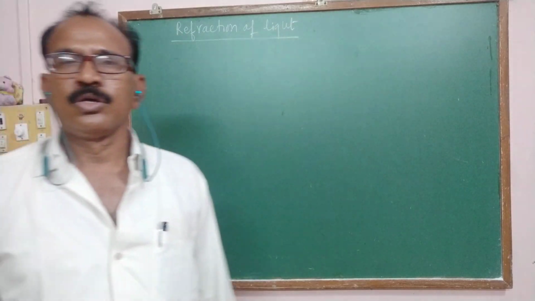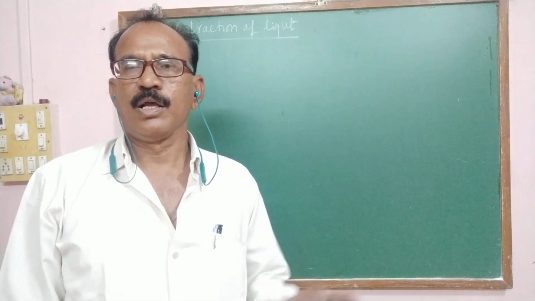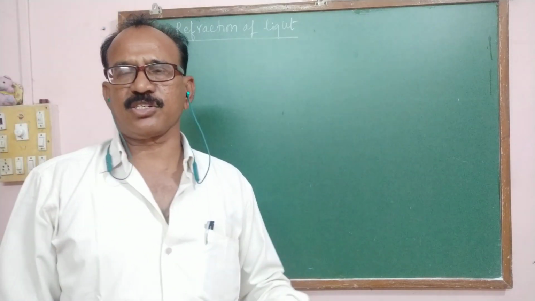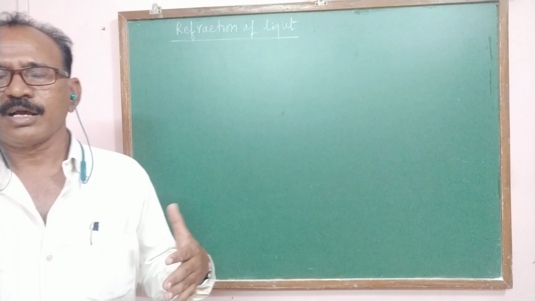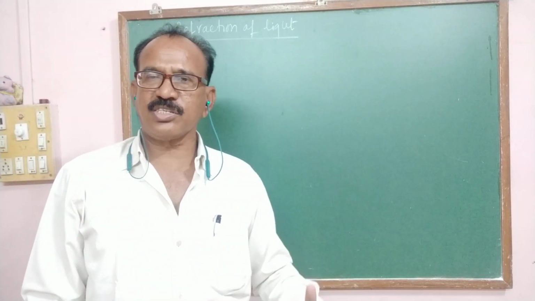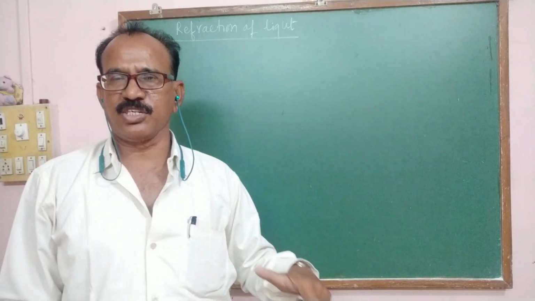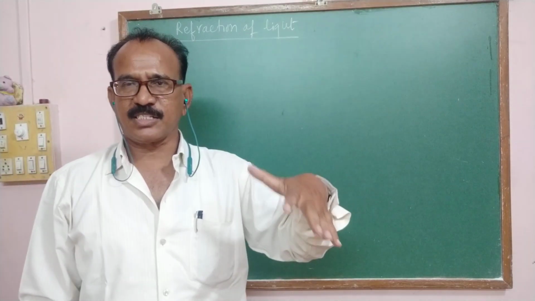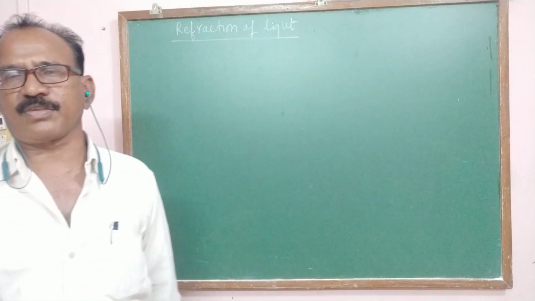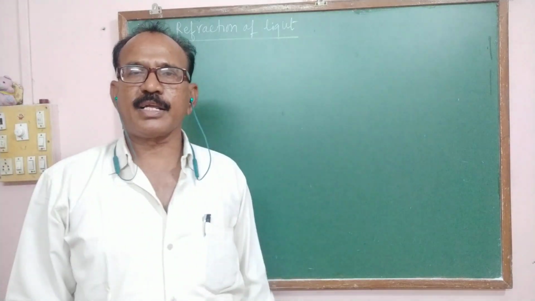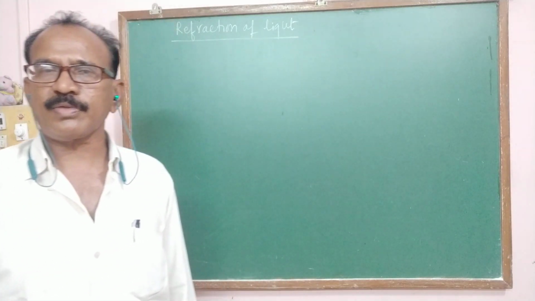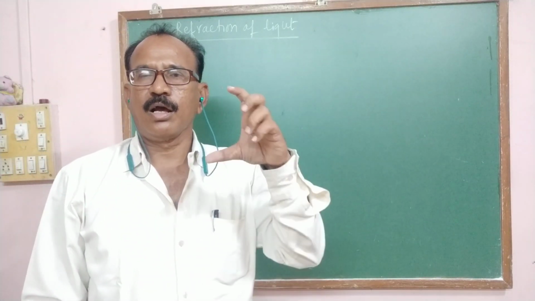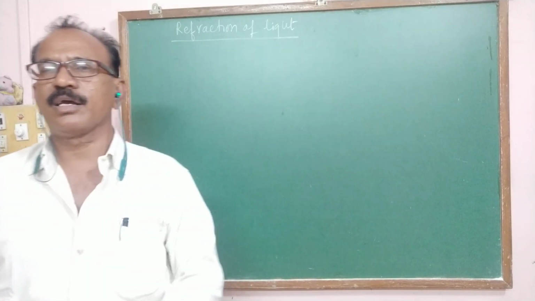In the refraction of light, when light travels from one transparent medium to another transparent medium, it changes its direction. When the direction changes, the velocity changes and the wavelength changes. At the point of interface, that is the surface between the two media, the ray of light changes its direction, and the change depends upon the density of the medium.